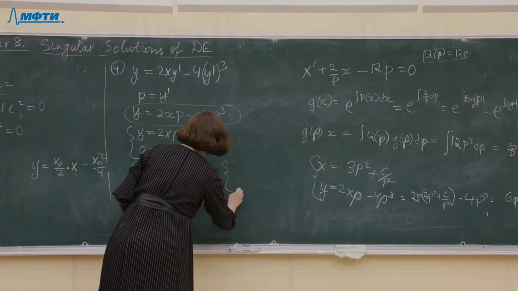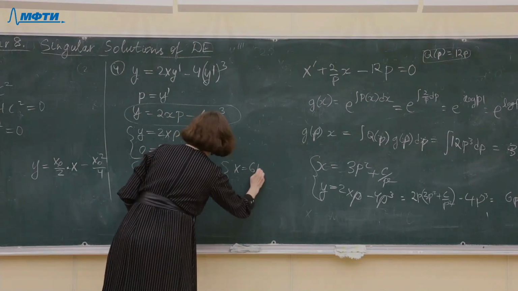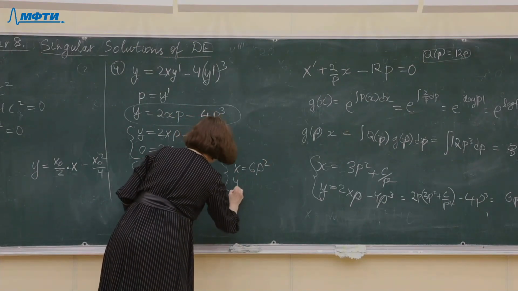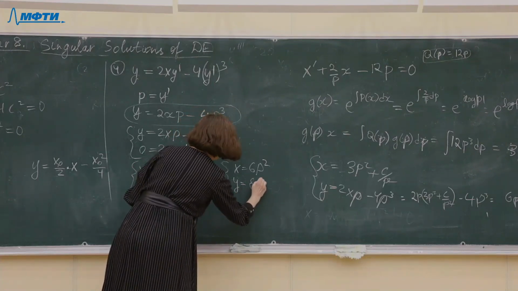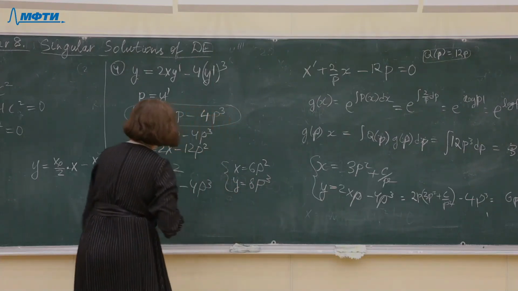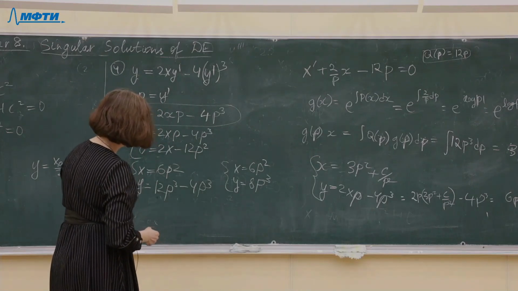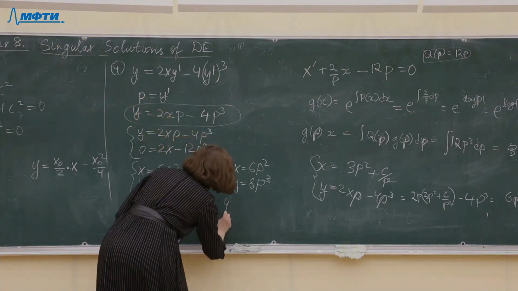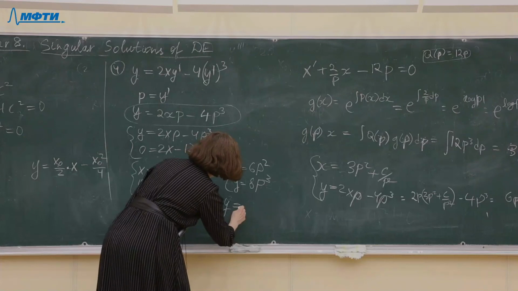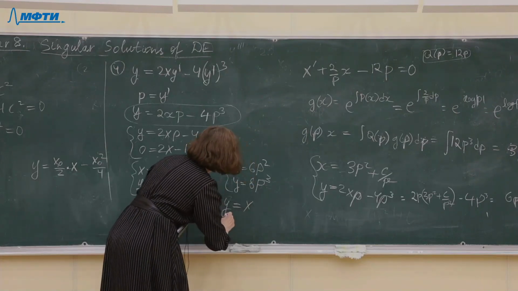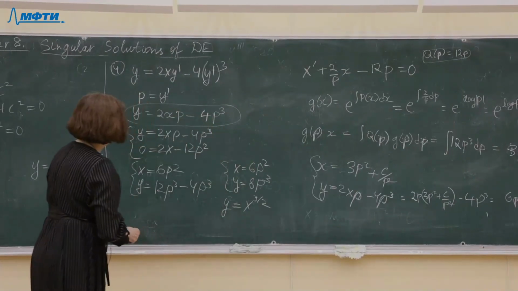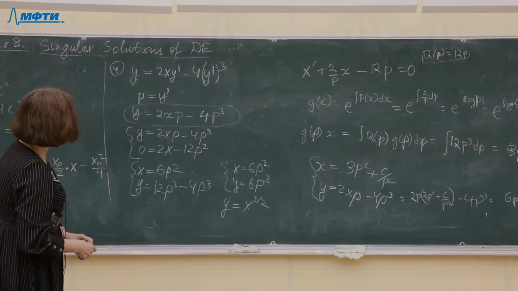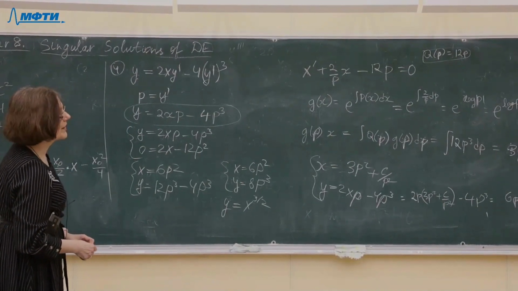And so x equals 6p squared and y equals 8p cubed. So y equals x to the power 3/2, right?